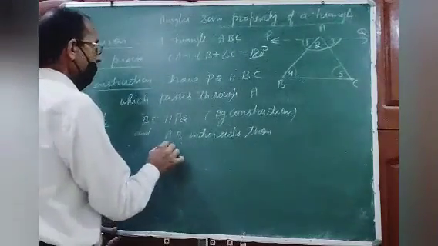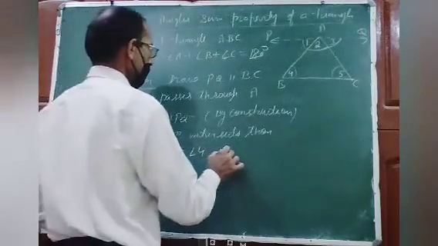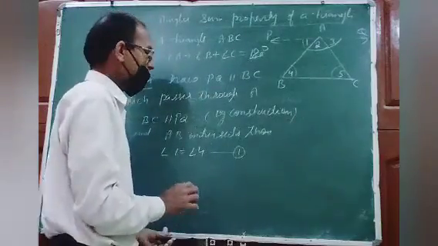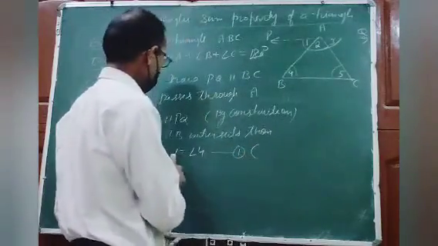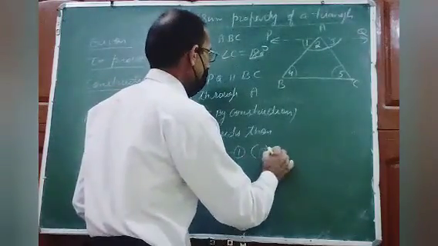Therefore, angle 1 is equal to angle 4. You can give an equation name. So this is equation 1, and give the reason also for why angle 1 is equal to angle 4: alternate interior angles.